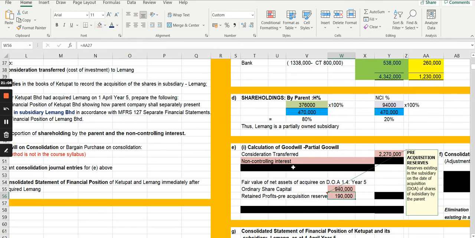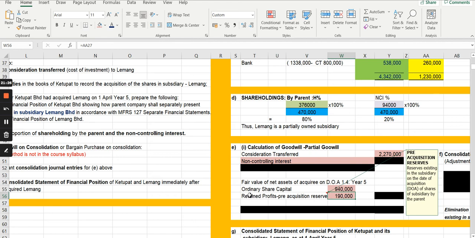Pre-acquisition profit is the profit or reserve existing in the subsidiary company on the date the shares were acquired. If you have other reserves, like a general reserve or an asset revaluation reserve, those should also be listed here.